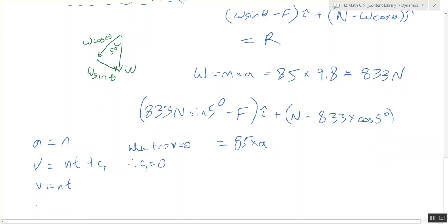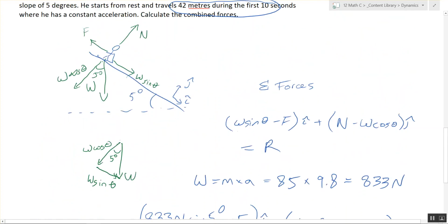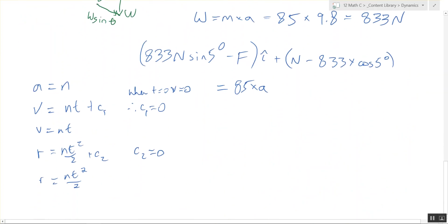And then we know r equals at squared over 2 plus c2, and c2 equals 0. Substitute: we have 42 meters during the first 10 seconds.